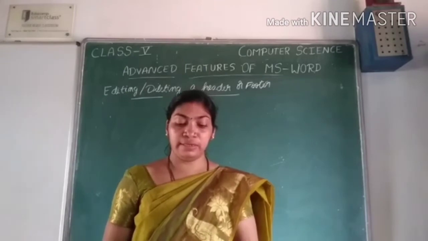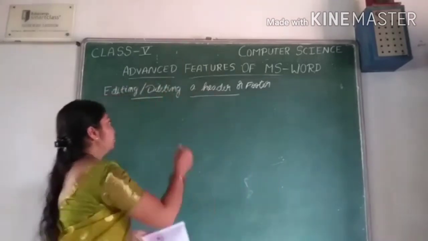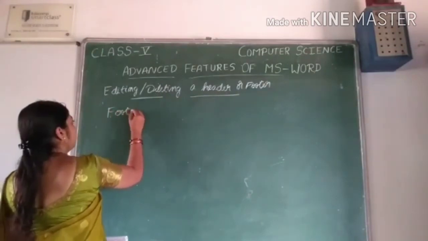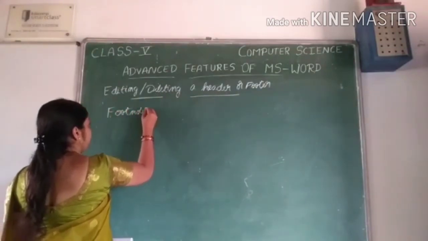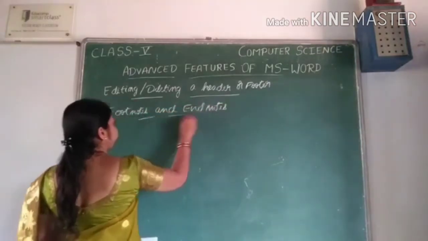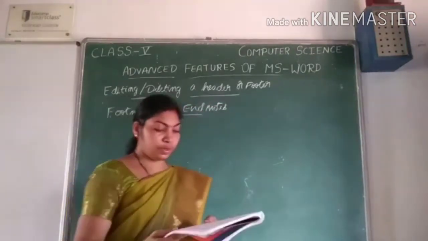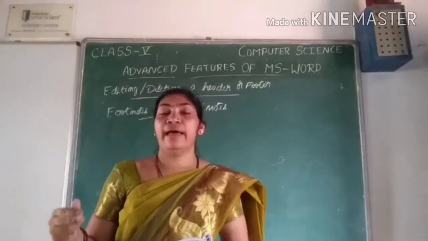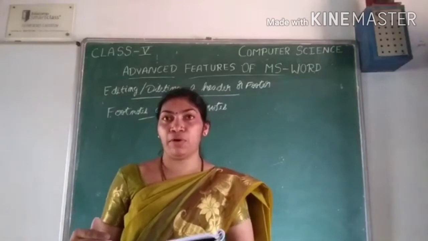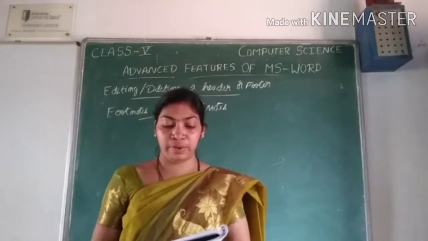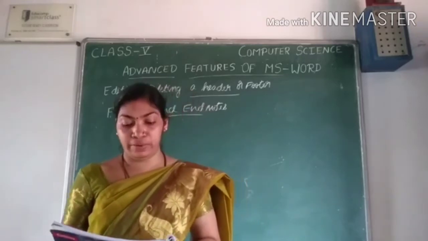So next is footnotes and endnotes. Footnotes are placed at the end of the page of a document. I have told you about headers and footers, now I am explaining footnotes and endnotes.